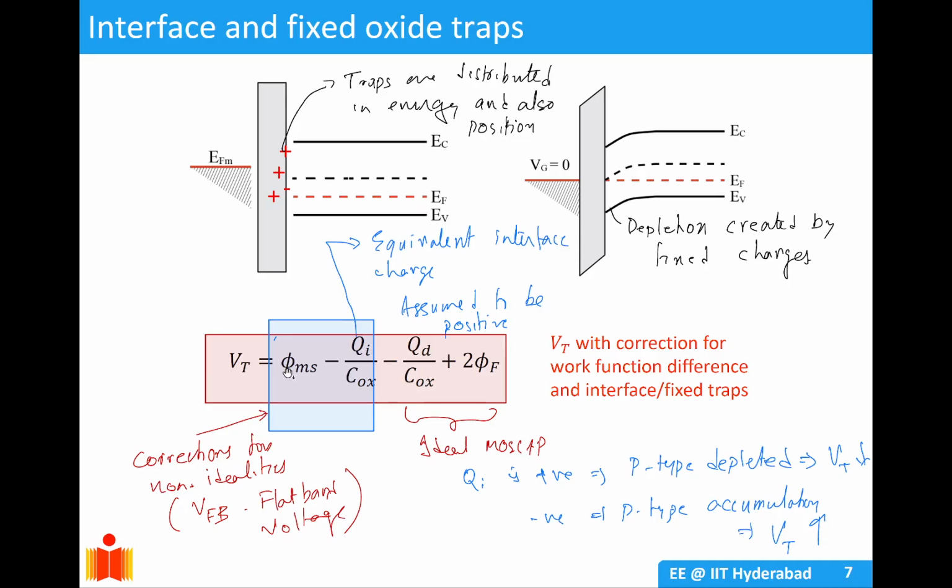So again there's a correction added to Vt for these charges, which is minus Qix by Cox, where Qix is the equivalent charge for the traps in the oxide. So these are the equivalent interface charges.